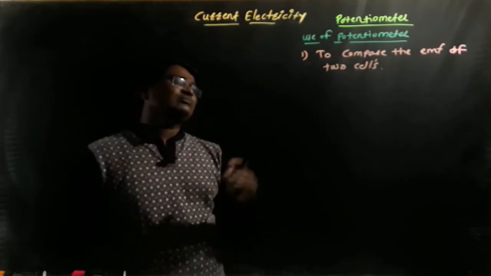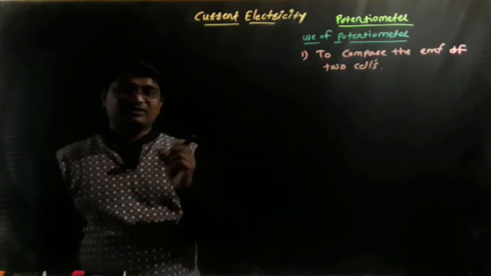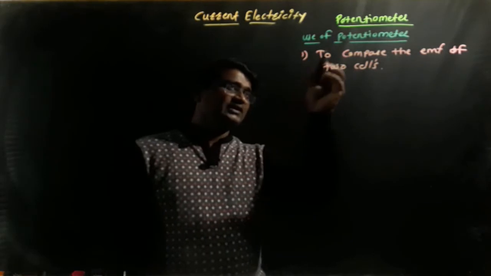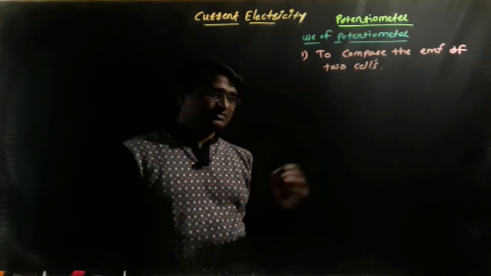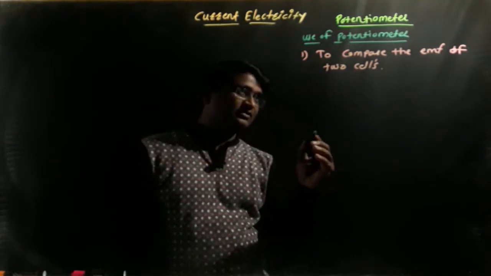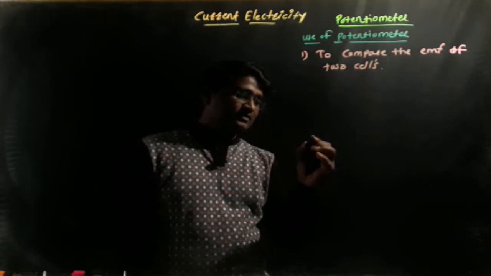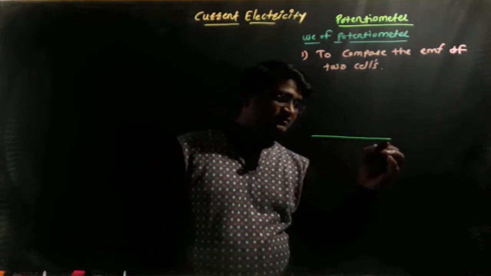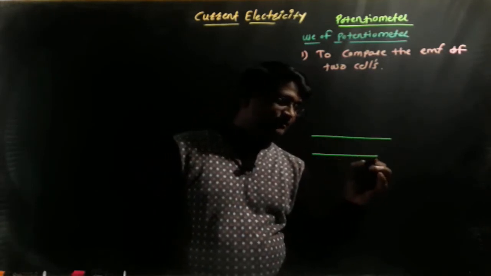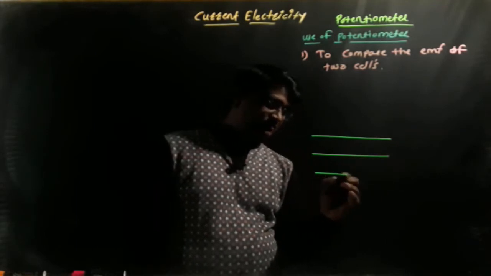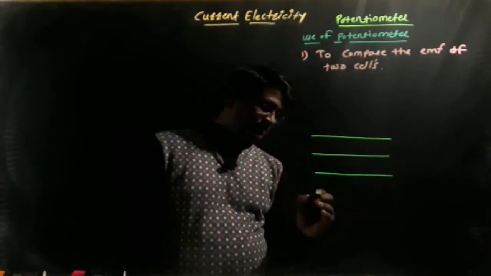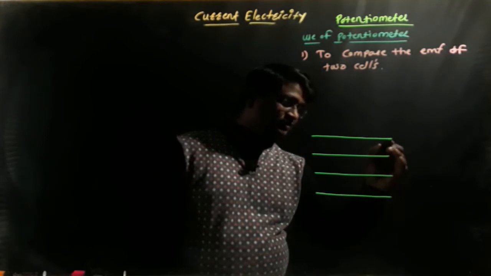So actually we know that potentiometer consists of a long wire, and this wire is divided into a number of segments. So let's see the segments of the given wire. So this is the first segment, this is second, third, and imagine that fourth.